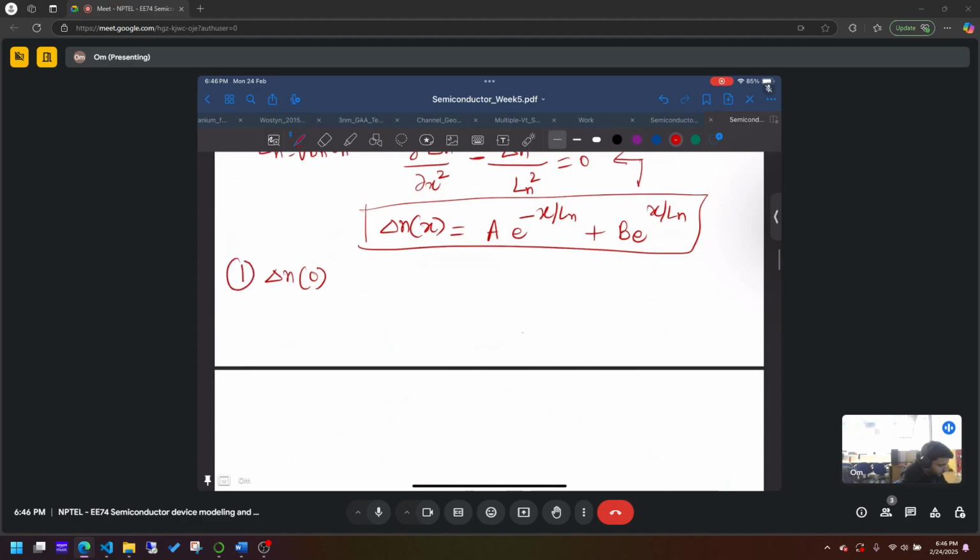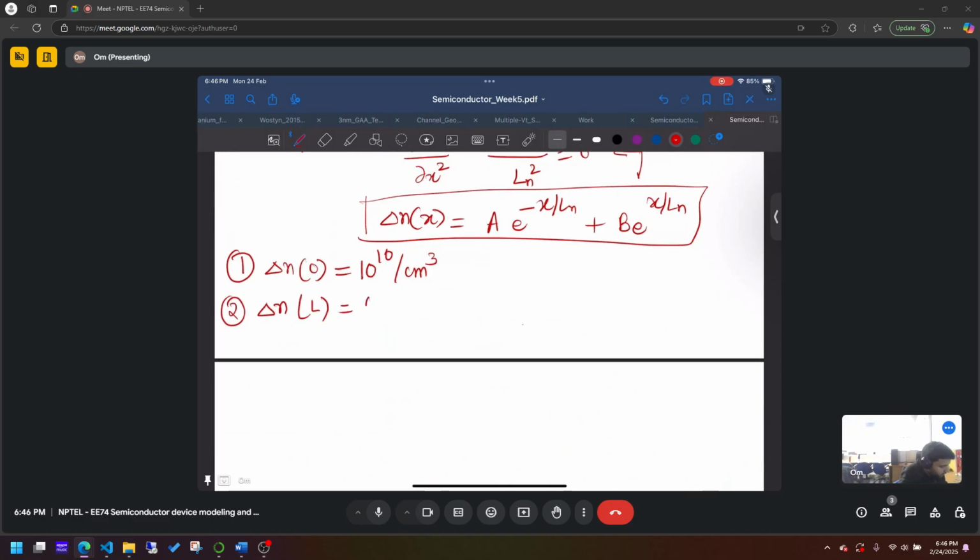So our two boundary conditions: delta n at 0 is 10 to the power 10 per centimeter cube, and delta n at L is 0. Let's put these conditions one by one in this equation, the first condition first.